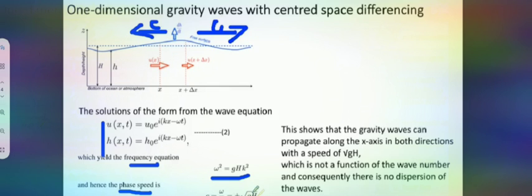It depends only on the gravity as well as the fixed height, capital H. So this is the analytical solution, I would say here is u and h, the analytical solution of the given equation 1 for shallow water theory or the one-dimensional gravity wave.